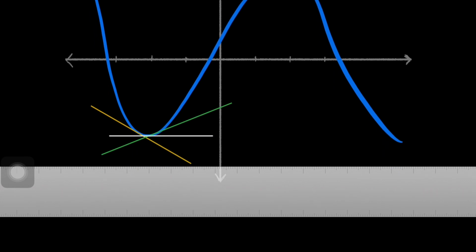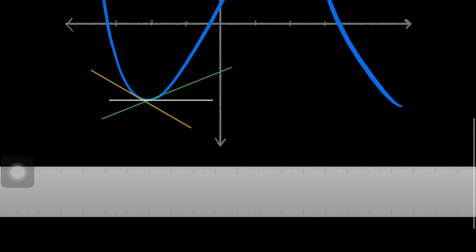Okay, so in here you can see that the slope of this line at this point is negative, and the slope of this line at this point is positive.